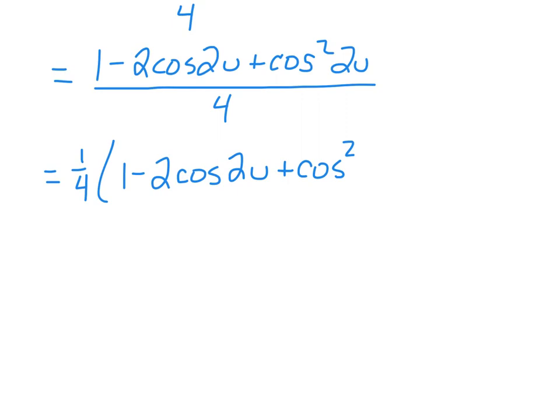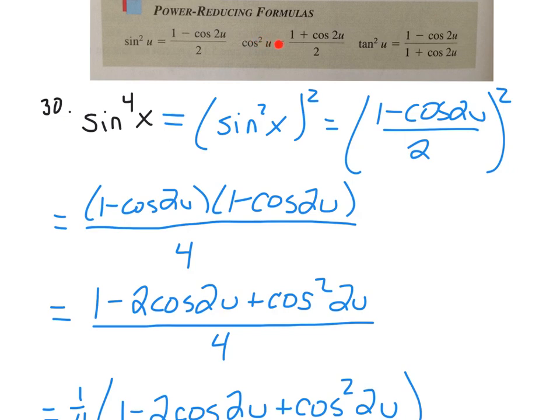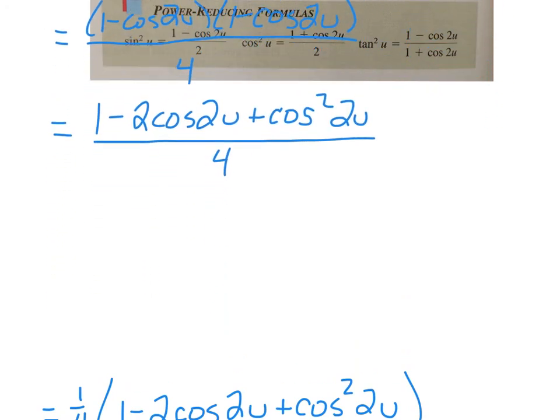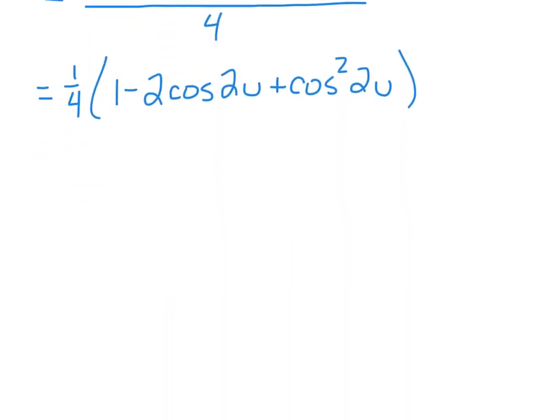So now we have this cosine squared of 2u that we're going to have to deal with. So, right, we're going to use this formula. Now, we are going to have to pay attention because the formula gives us 1u, but we have 2u, okay? So the formula tells us to multiply whatever this angle is by 2, okay? So that's where this 4 is going to come up. This is where I'm talking about.